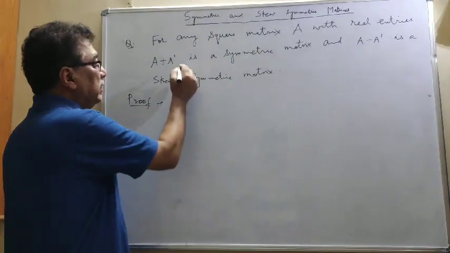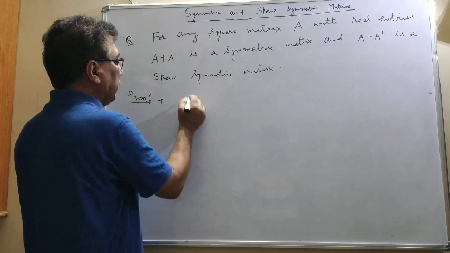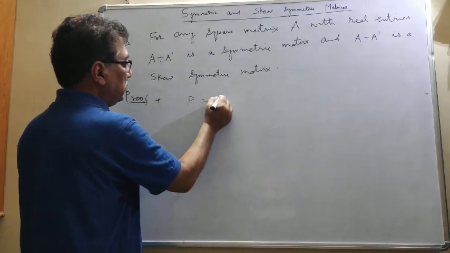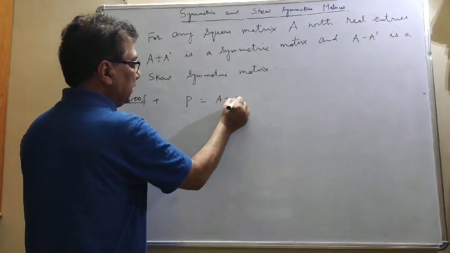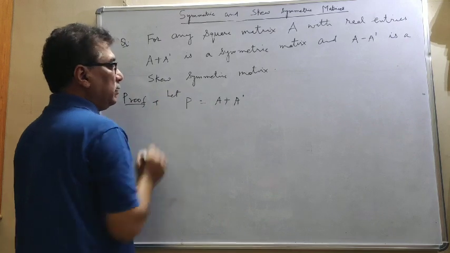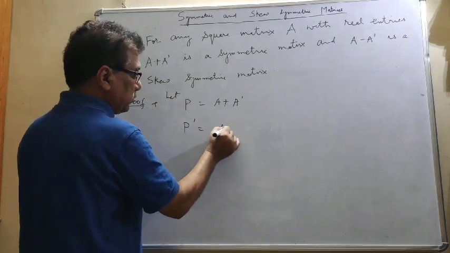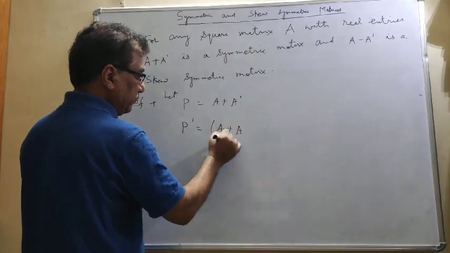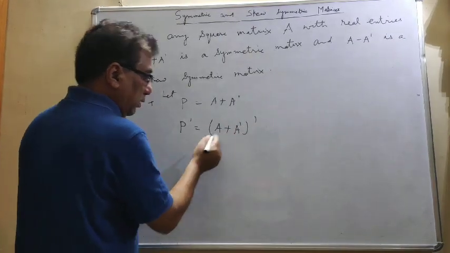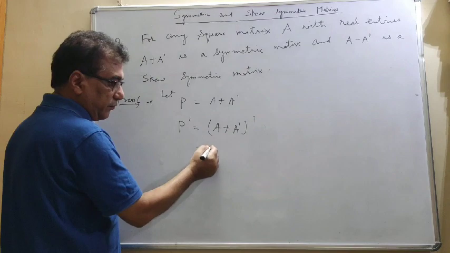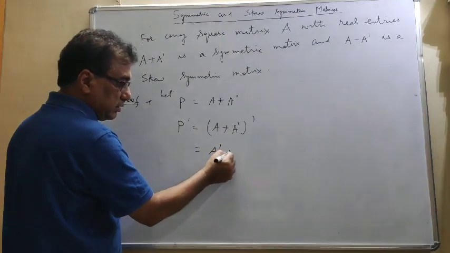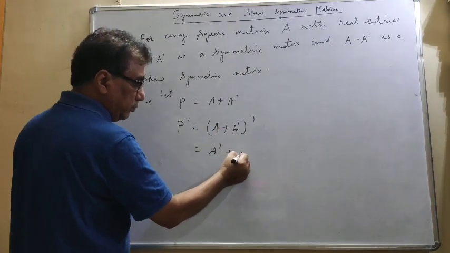Now to prove this result, let us take A plus A dash as P, and let us find out its transpose. So transposing both sides, we apply the property of transpose. This will be distributed on both parts.